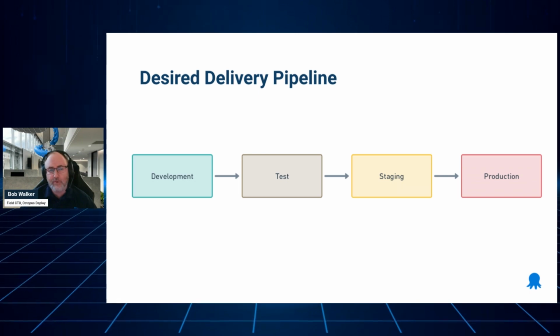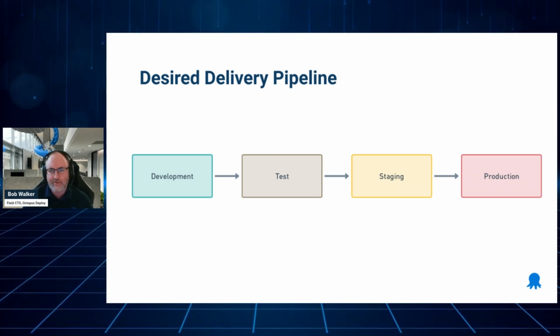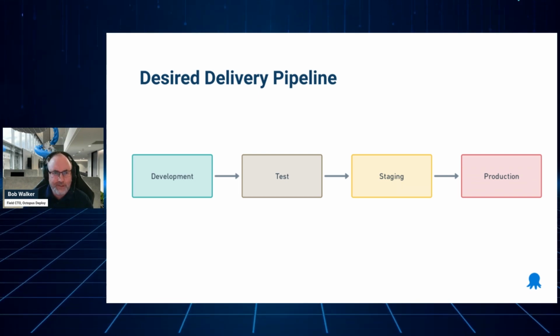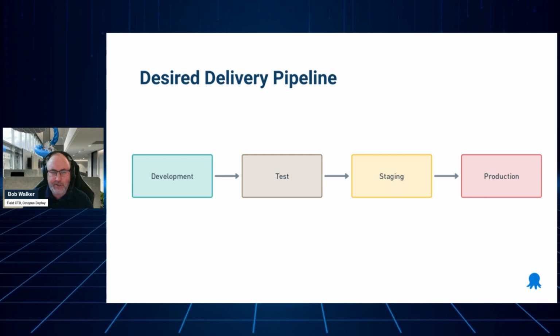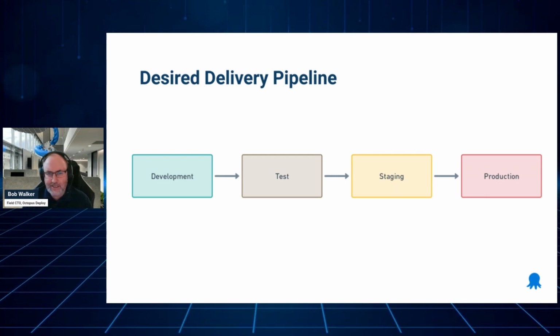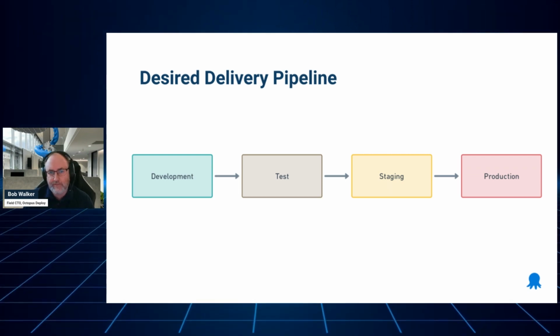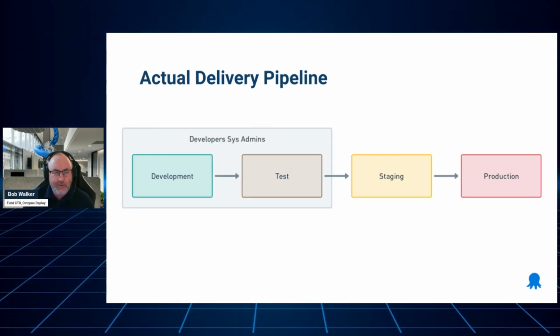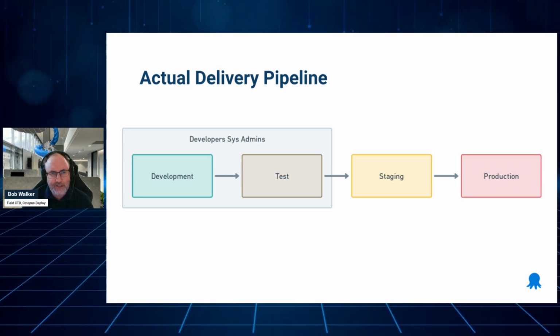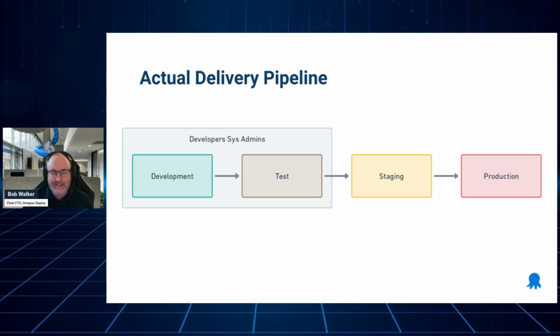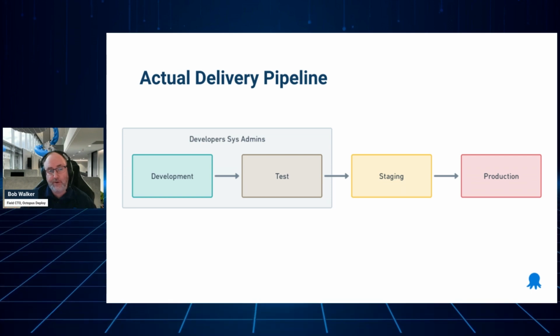So we had the standard 4 environments that almost every company seems to have independently agreed upon. We had a development, test, staging, and production. You could easily replace test with QA and staging with integration, however you want to call it. But we had these 4 different environments. Now, one of the kickers is that the developers were sysadmins on dev and test. So they could make whatever changes they wanted to either dev or test.